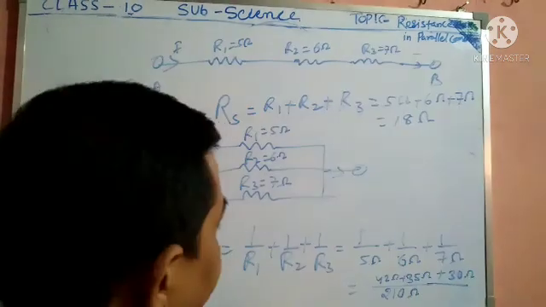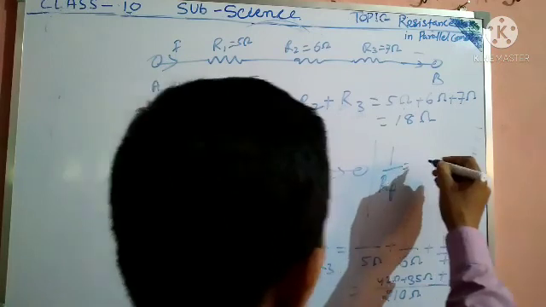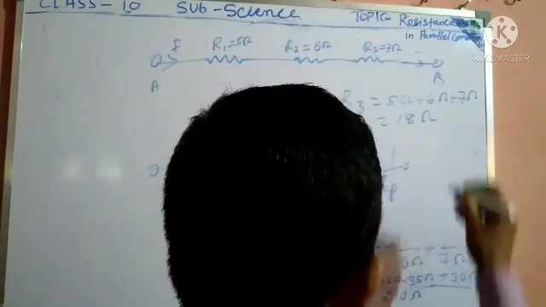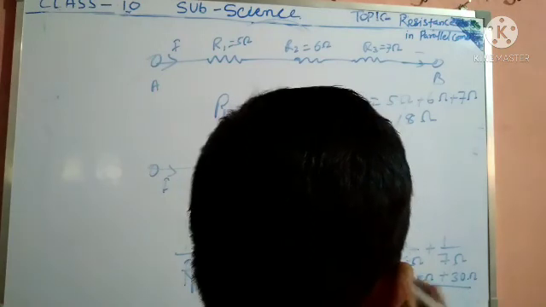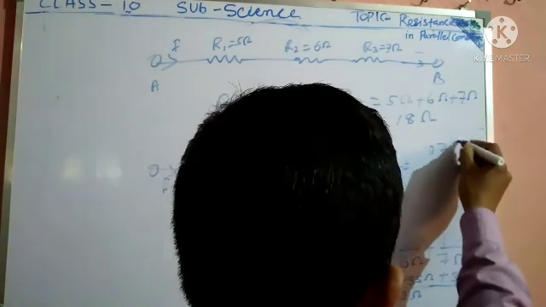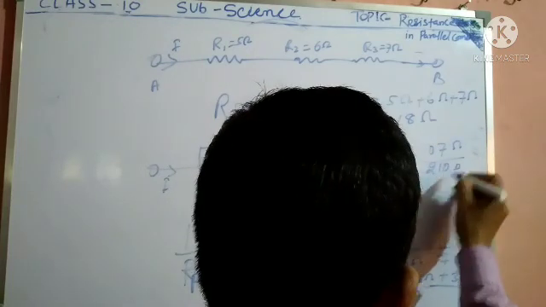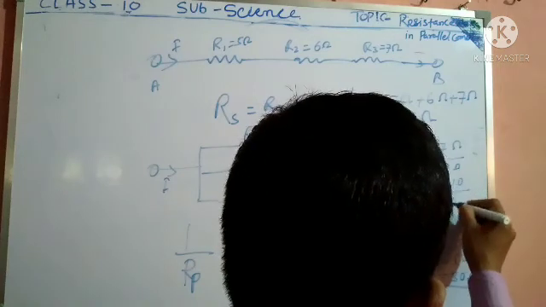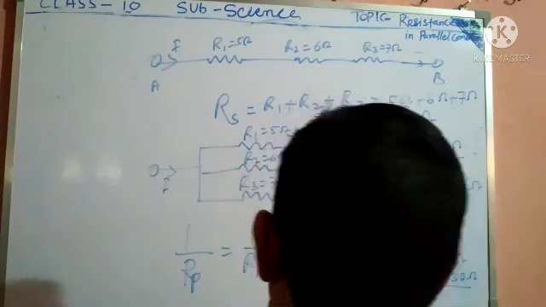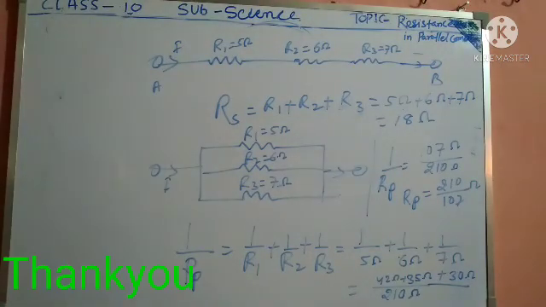All are added. So 1 by RP is equal to 107 by 210 ohm. So RP is equal to 210 by 107 ohm. So these are R series and RP for these resistances.